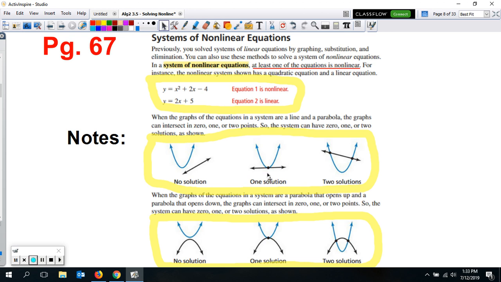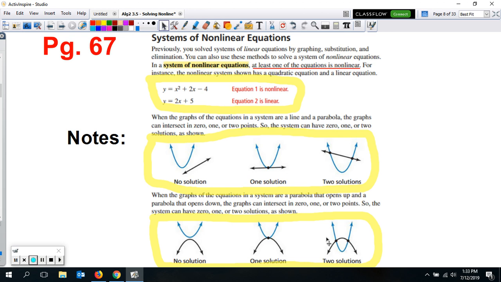You could have 1 solution if the line just touches the parabola in one spot, so there's only one intersecting point. But it could also go through one side and out the other side, so it could be a 2 solution system of equations. So you can have either 0, 1, or 2 solutions.